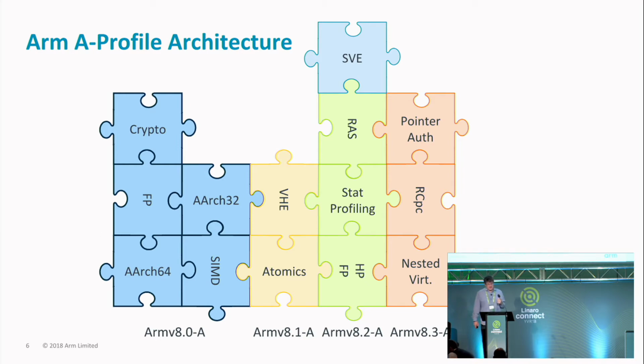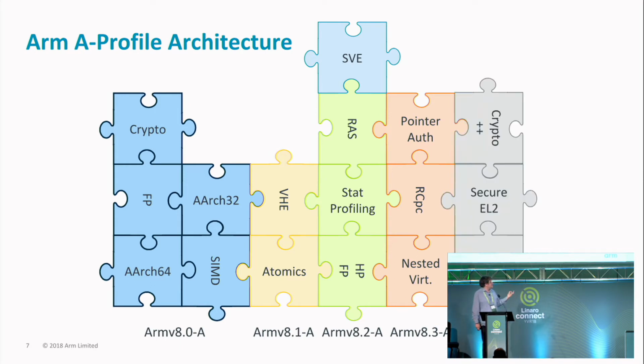RCPC, which is another load store memory consistency, nested virtualization support, and 8.4 last year. Further crypto instructions, secure EL2, allowing a hypervisor type functionality on the secure side, and some tightening and formalization of the ARM memory model.